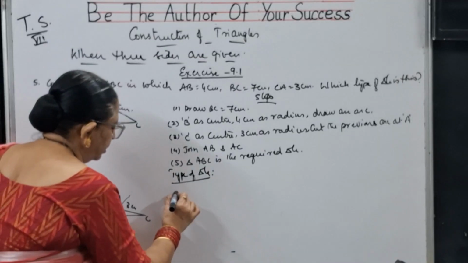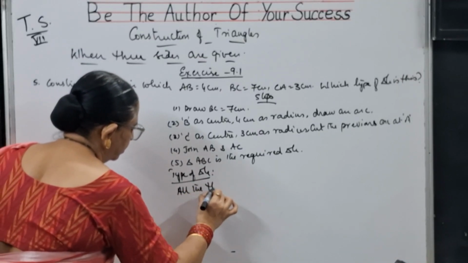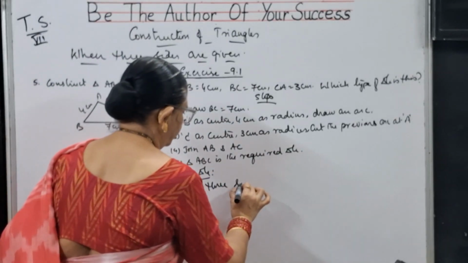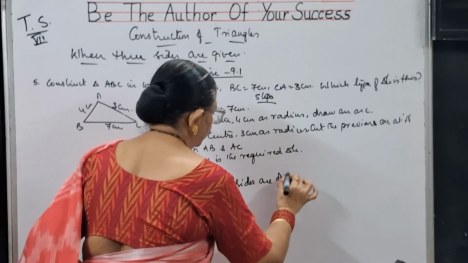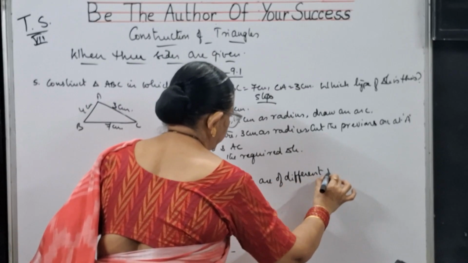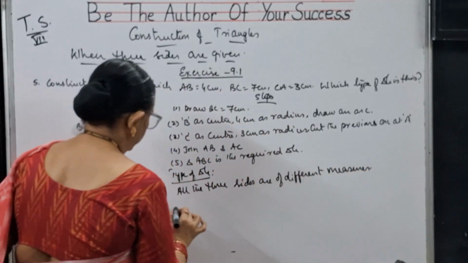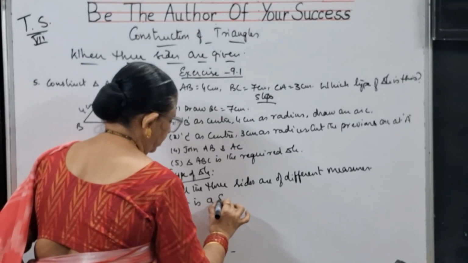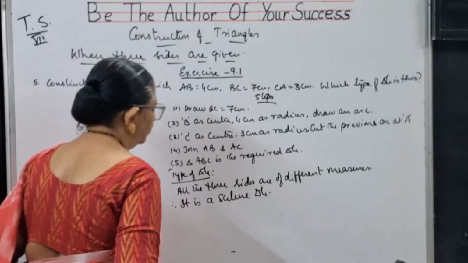So we can say that all the three sides are of different measures. Therefore, it is a scalene triangle.